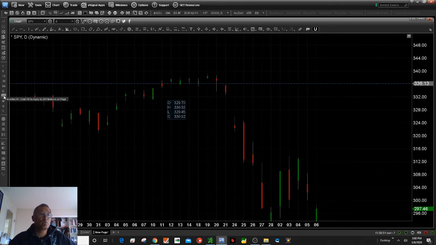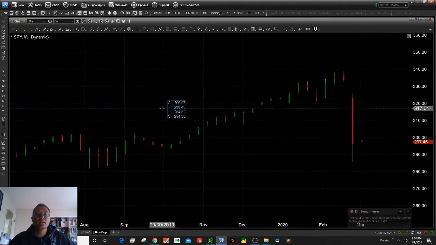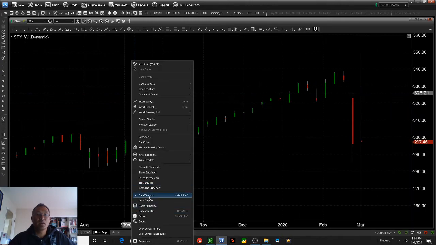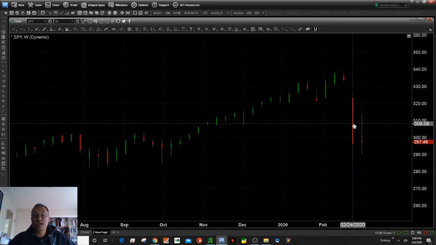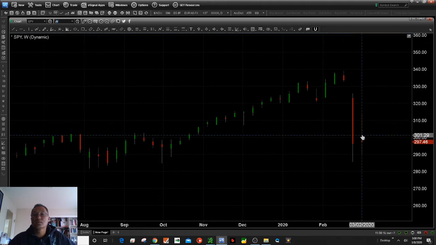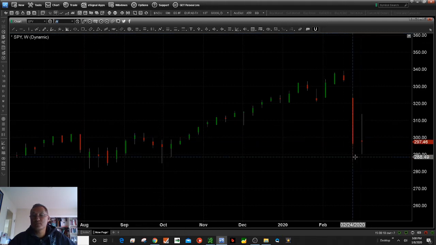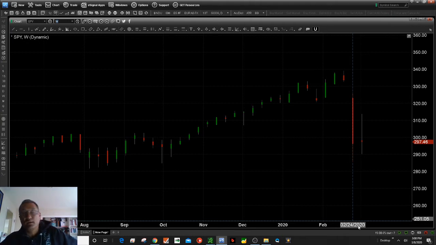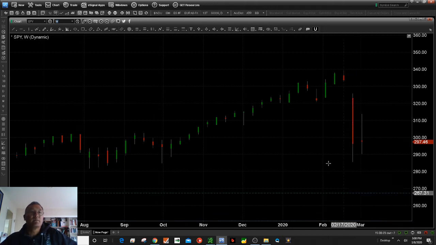And then here you have a weekly chart. Gets a bigger time frame. Okay. So each one of these candles represents what? 1 week. So if you look at this candle, it represents the week of February 24th to February 28th, basically. Okay.